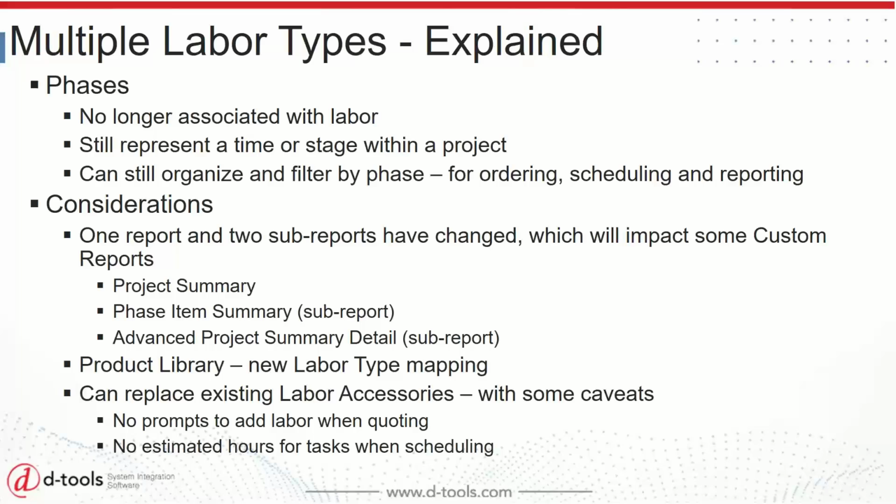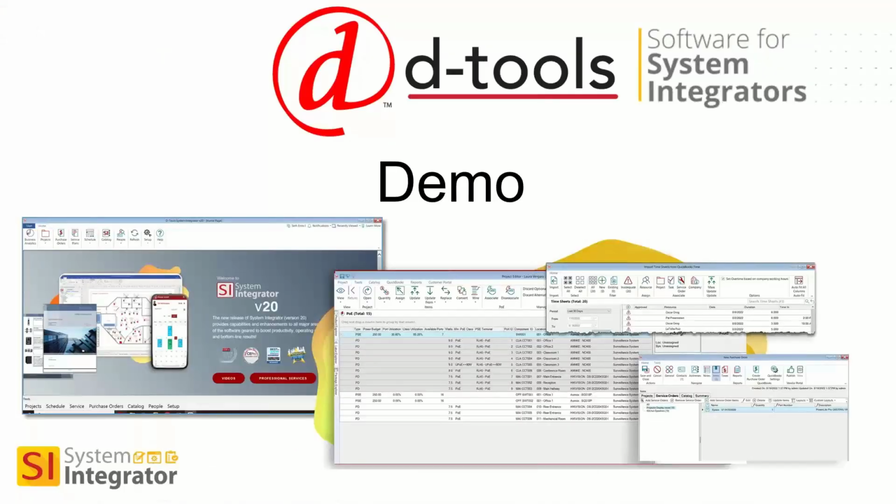So we were fortunate that these were the only 3 reports affected, and that 2 of them are sub-reports that you may not even ever use. And I'll show you exactly how those are run when we get into the demo. Having said that, hopefully no one's too nervous about this, and we'll jump right into the demonstration.